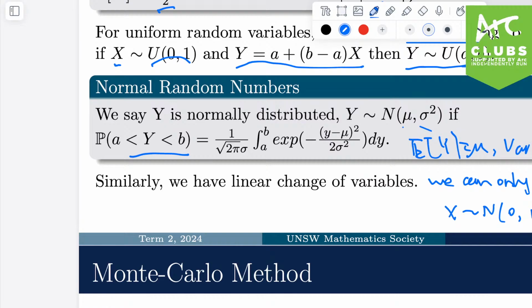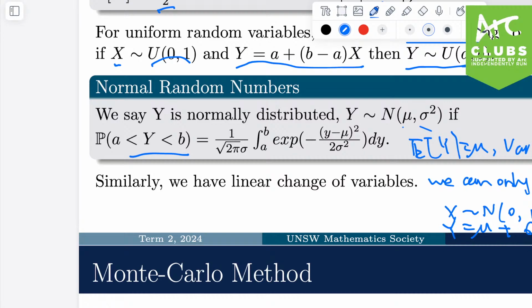I may just quickly write down the linear change of variable here. The linear change of variable should be something like y is equal to mu plus sigma x, I think.